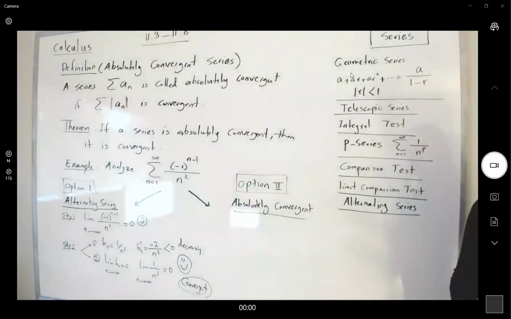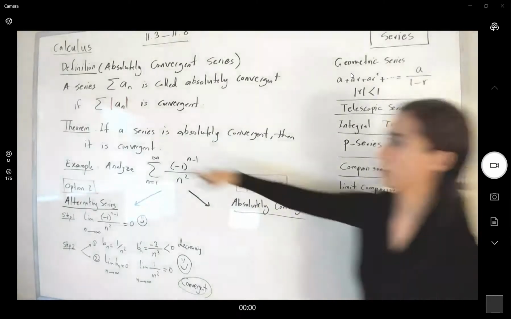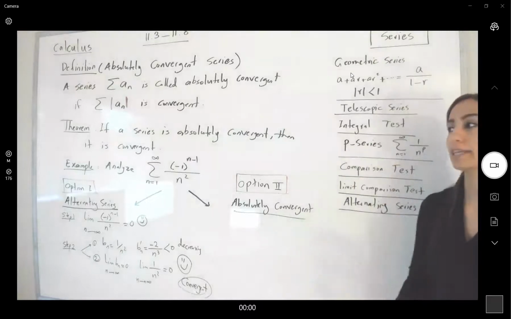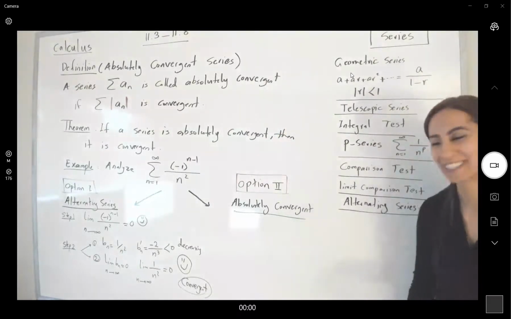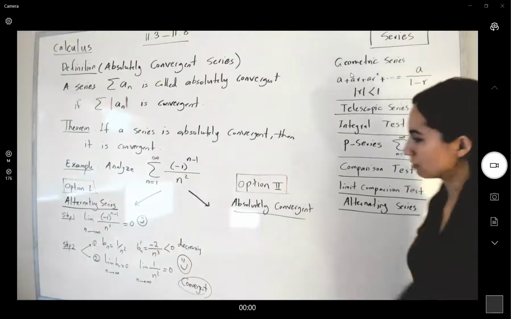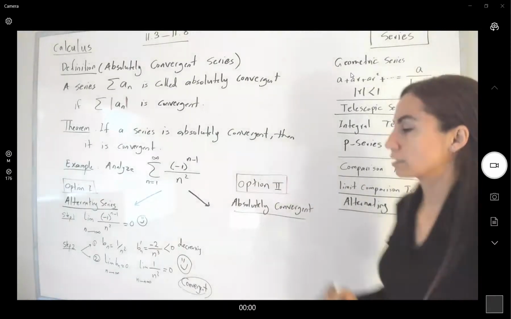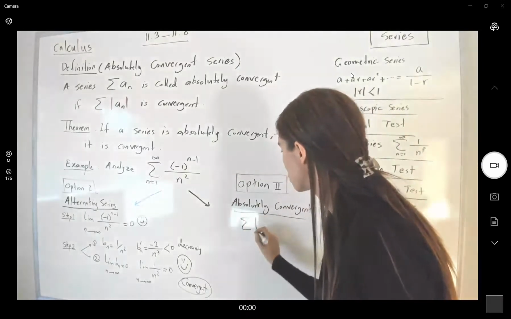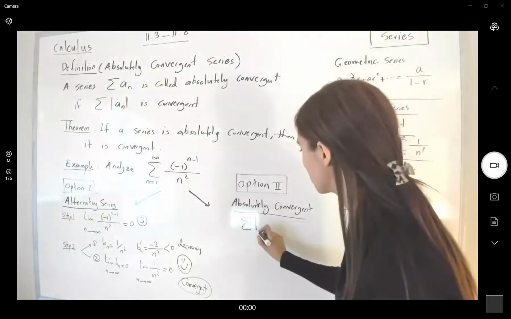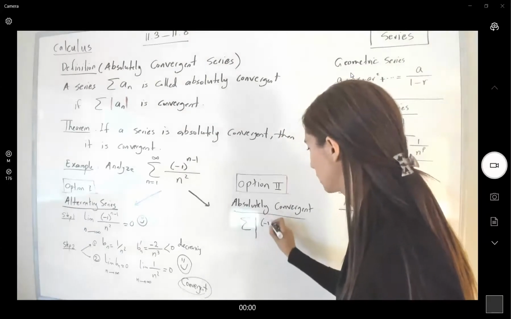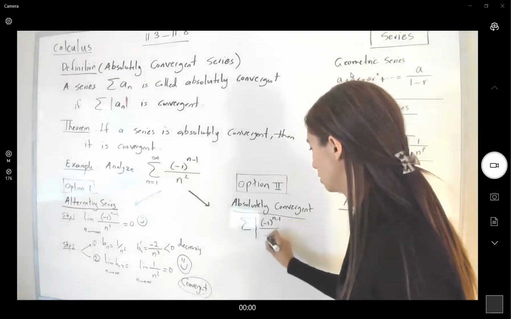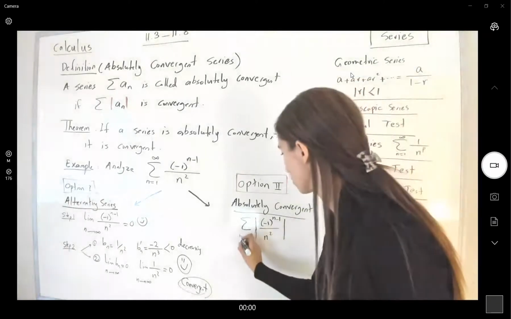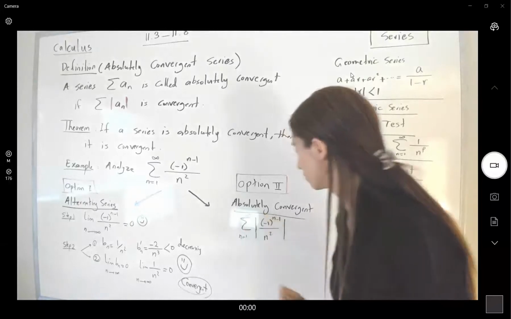What if we use absolutely convergent? The theorem says if a series is absolutely convergent, then for sure you can say that your series is a convergent series. Okay, absolutely convergent. It means that first we have to create the sum of absolute value of this guy here. -1 to the n minus 1 divided by n squared. N starts from 1 and goes to infinity.